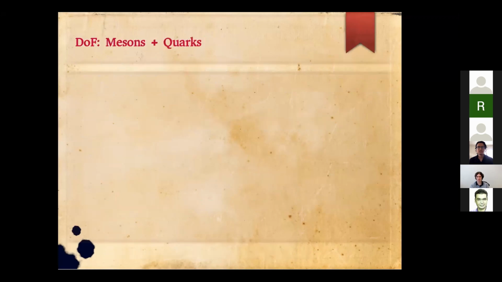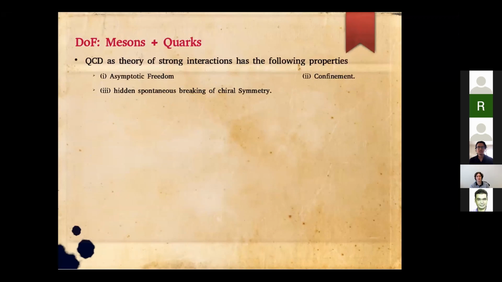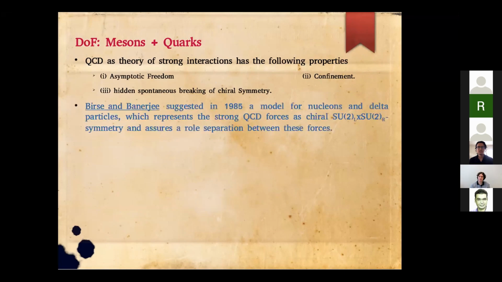Okay. How we could include the quarks is very trivial. It could be found even in a textbook. The QCD, the zero string interaction, has some properties like this: asymptotic freedom, confinement, and hidden spontaneous breaking of chiral symmetries.